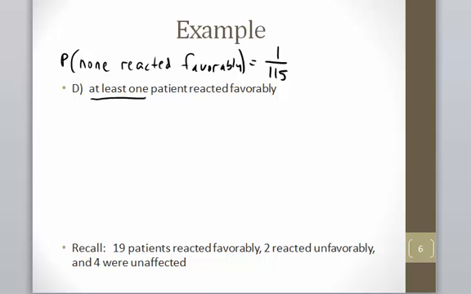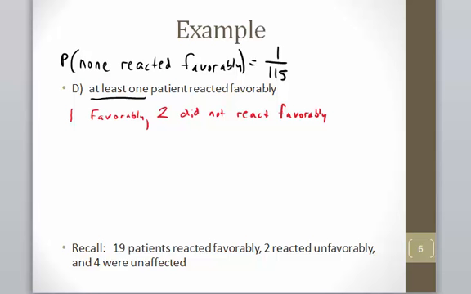We could consider one patient who reacted favorably, and we're selecting 3. So that would be 2 patients who did not react favorably. So that's one possibility for what this problem is asking for. When it says at least 1, it could be that 1 reacted favorably and 2 did not.